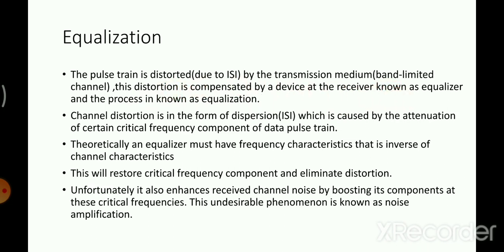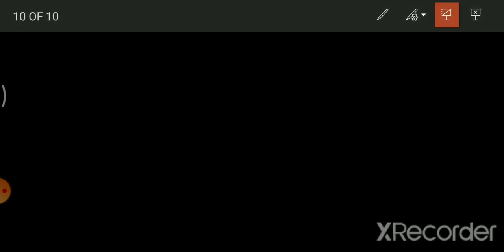So what happens? You know why ISI is happening. It is happening because neighboring pulses start interacting with each other, and then they create interference. Why does it happen? Because we don't send all the frequencies. Let me tell you again the cause of ISI.